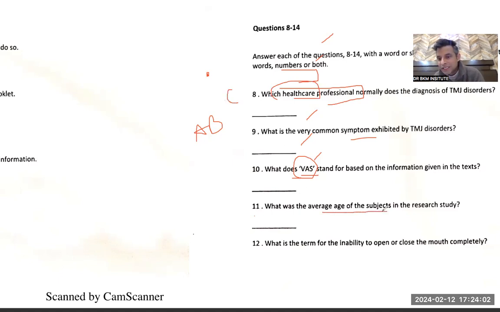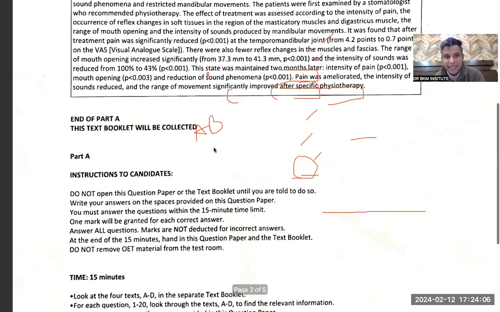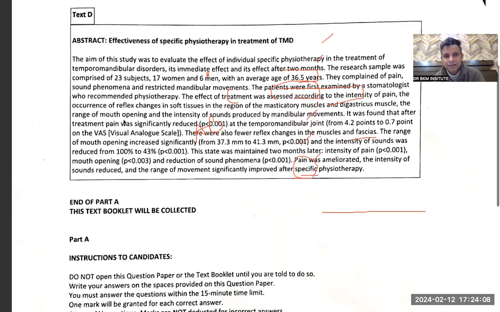What was the average age of subjects? When we were doing this, we could see A or D. I was about to find the word subject, and that is where I noticed men and women. But in this process, by chance, I could see this. This is what saves time. It should be an automatic process.